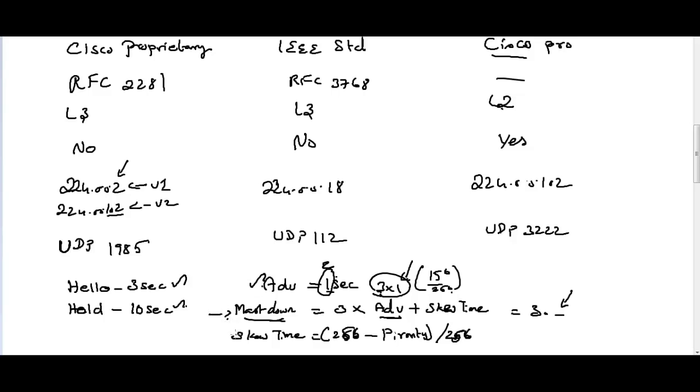Master down time is determined dynamically by this formula that runs in the algorithm. Whatever timer you give for the advertise timer will be multiplied by 3, plus skew time. Skew time is equal to 256 minus priority divided by 256.